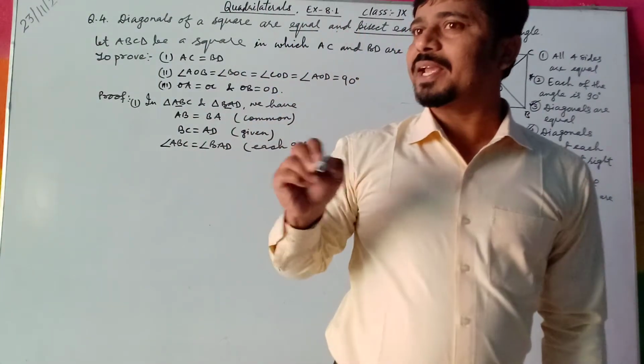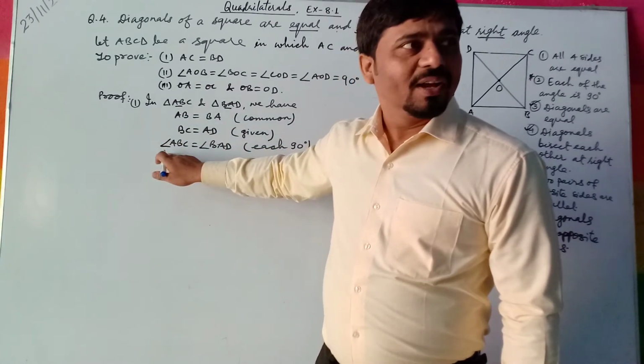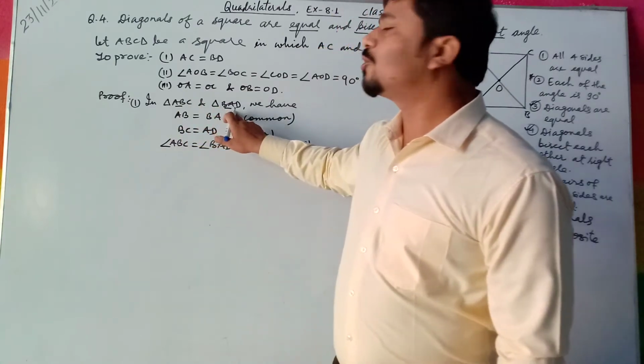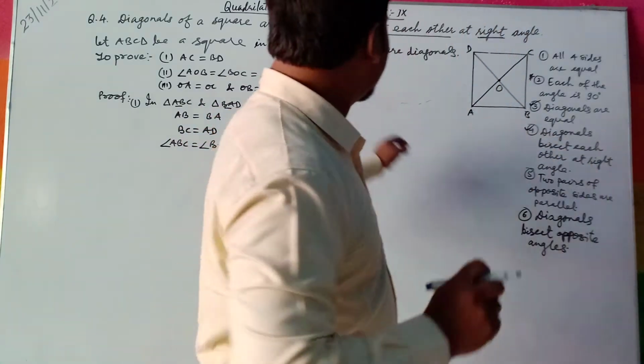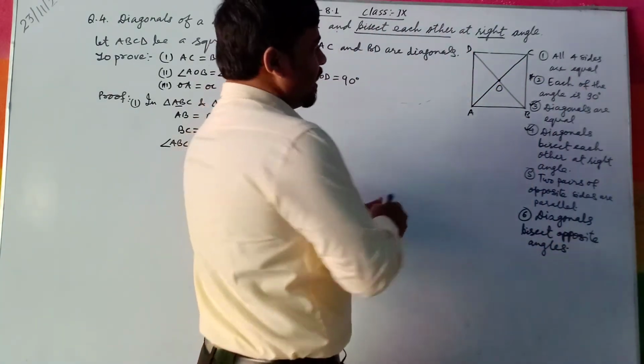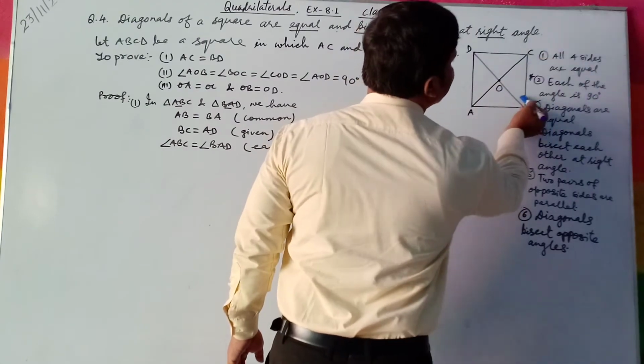According to these three pieces of evidence, in which property are these two triangles congruent? See in one triangle first: in ABC, AB came, BC came, and this angle came.